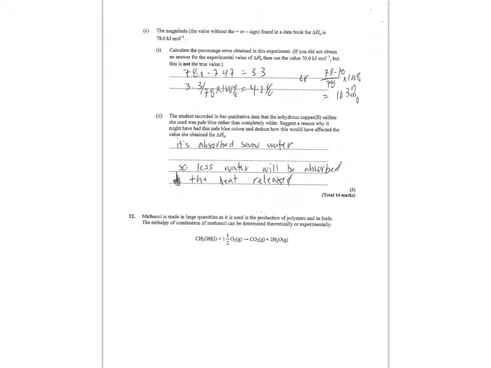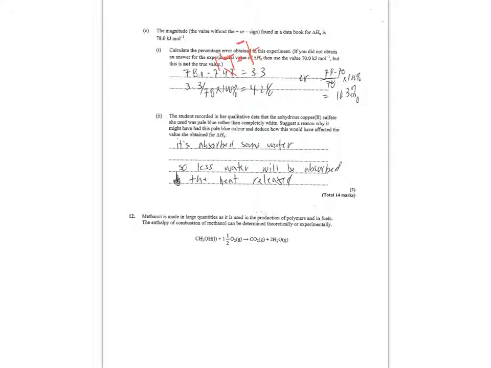Then they tell you that the data booklet gives it as 78 kilojoules per mole, and you have to calculate the percent error. So 78 minus my 74.7, my decimal isn't very clear there. My 78 minus my 74.7, just so you're clear where the decimal's at.